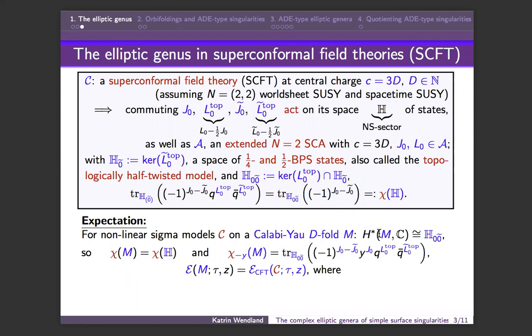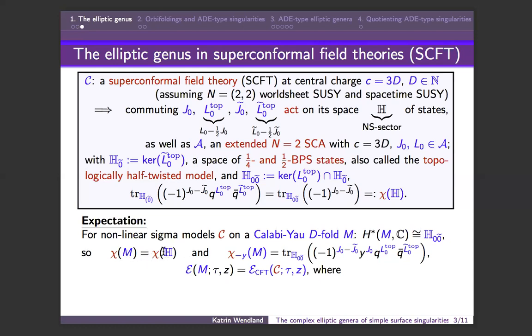And there's a bigrading here through holomorphic and anti-holomorphic form degree, and that translates into the bigrading that you get over here to the eigenvalues of J0 and J0 tilde. So that refers to your question as well. And if that is true, then this equation follows immediately.